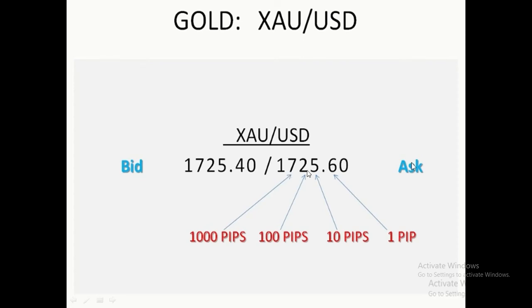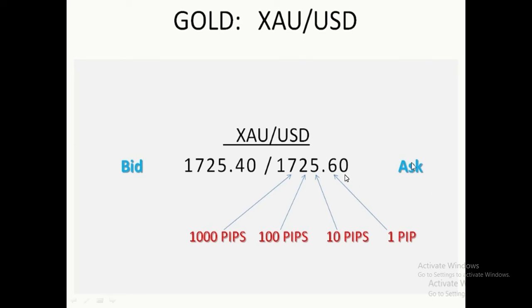Then if you have 1725.6 and you now have 1725.8, you see that there is a difference of 2 on the fifth. That is just 2 pips. Then when you move one step back, the fourth one is 10 units, just like we have 100 tens units in basic mathematics.